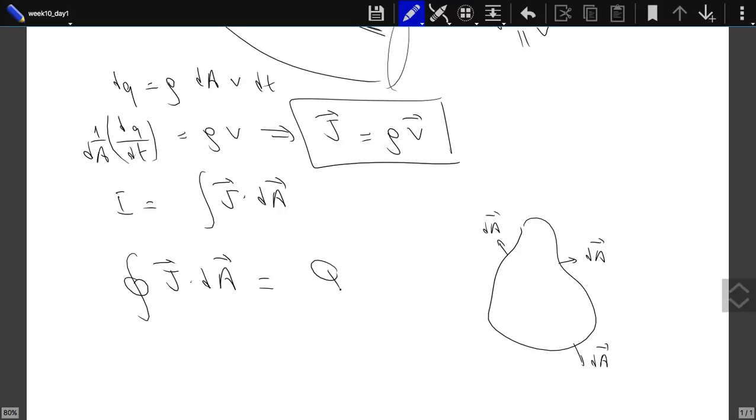So let's say Q is the total charge inside my volume. So the change in the charge per unit time is nothing but dQ by dt.